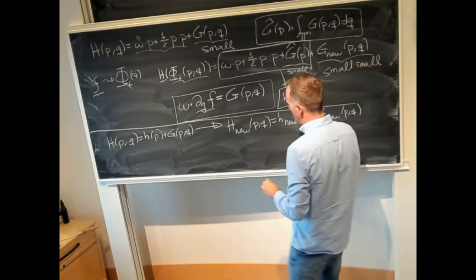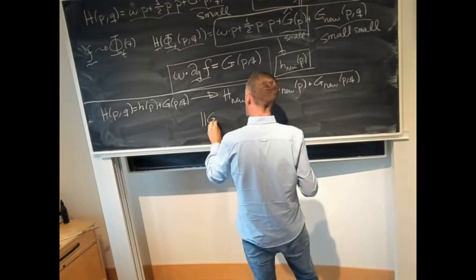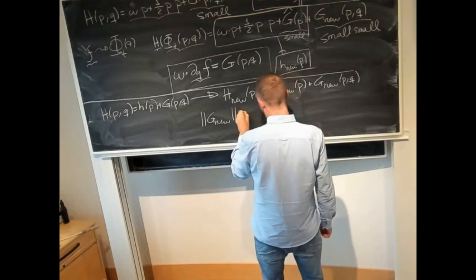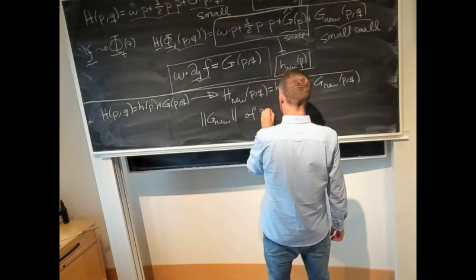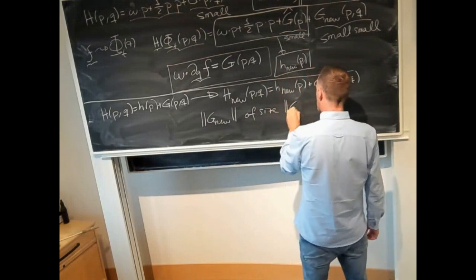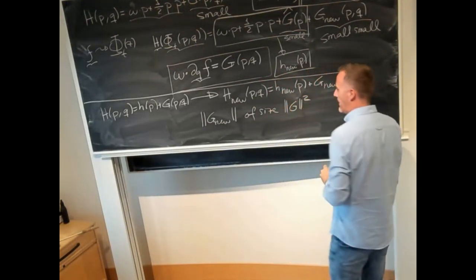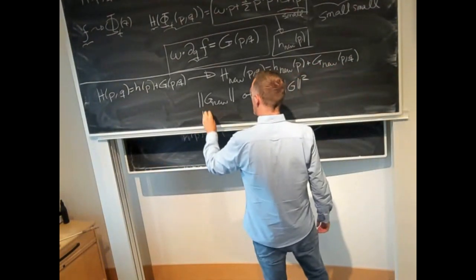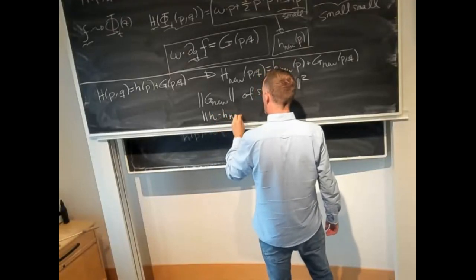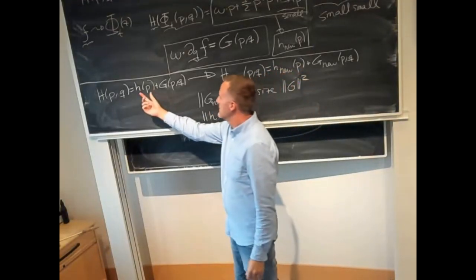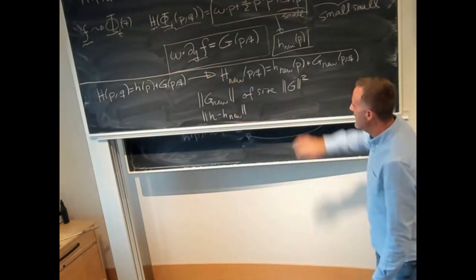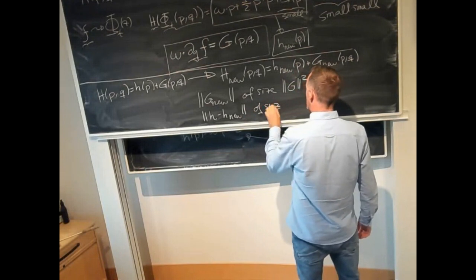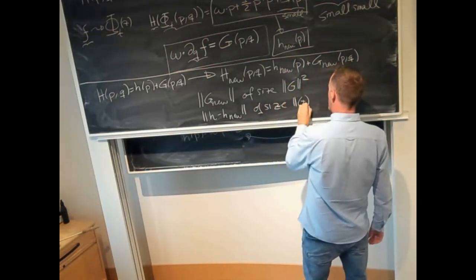And we want that g nu is of size g squared. And also h minus h nu, we also need to control the distance between our old h and the new h. This is of size g.